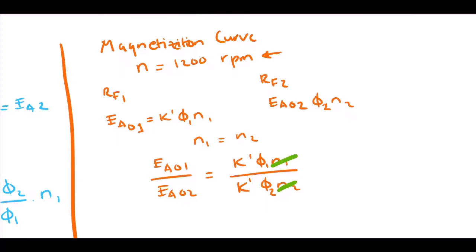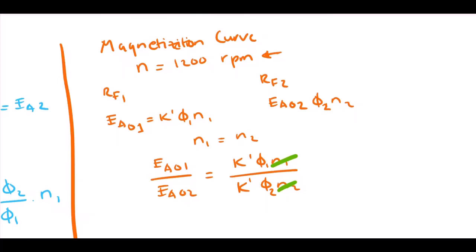And then how about the EA01 and EA02? Actually we can find the value if we know what is the field current for each condition. Yeah.